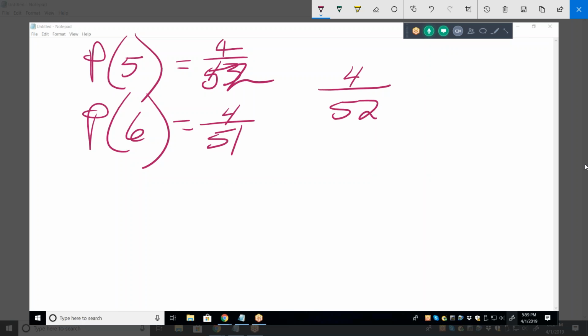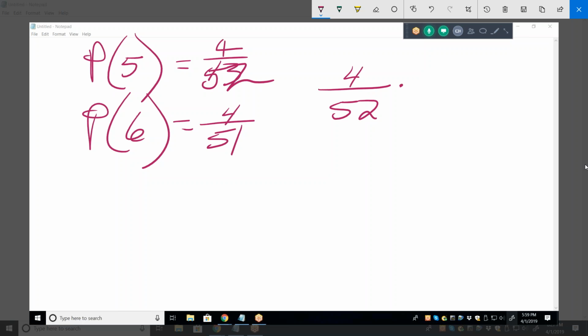So what's the probability of getting a 5 and a 6? Multiply or add? Would you add? No, you add when it's an or question. Right? Probability going to Dallas or Denver, we added them. But if you have to get a 5 and a 6, then the probability of the first card being a 5 is that.